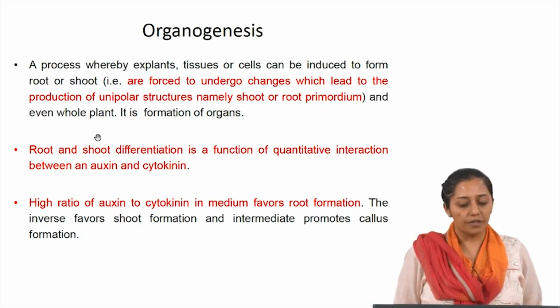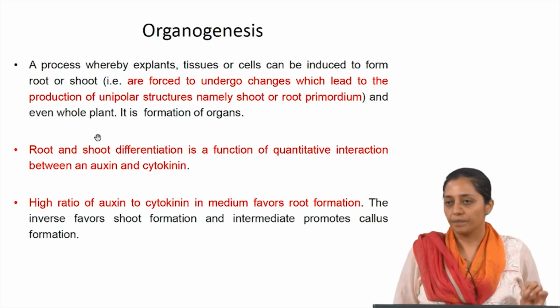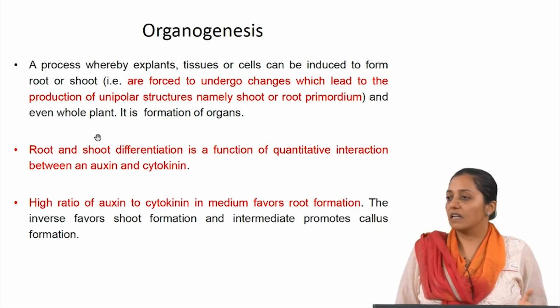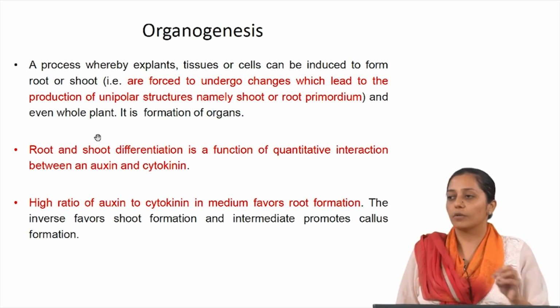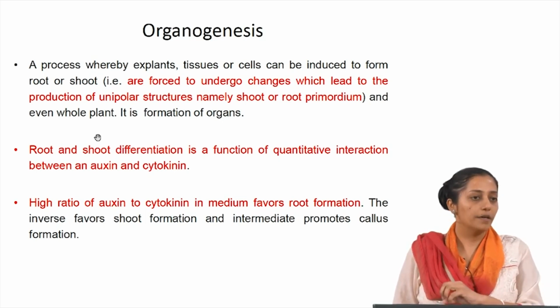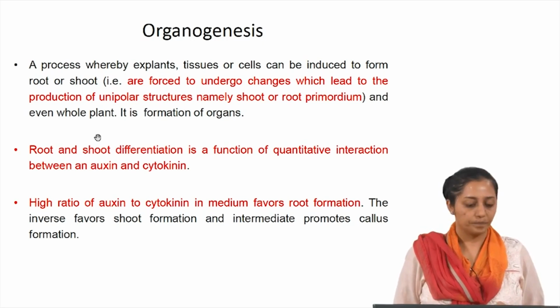Now, root and shoot differentiation is a function of quantitative interaction between auxins and cytokinins. Last class also, as I said, depending on what species you are working with, whether dicot, monocot, herbs or tree species, the effect of the same auxin may vary.